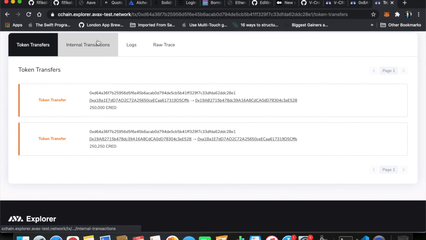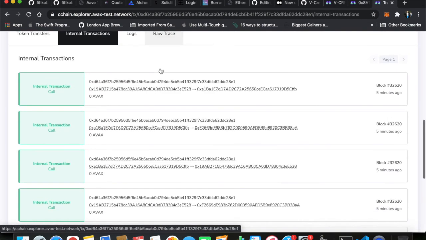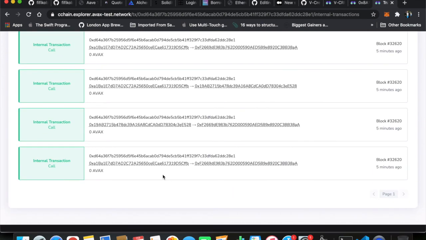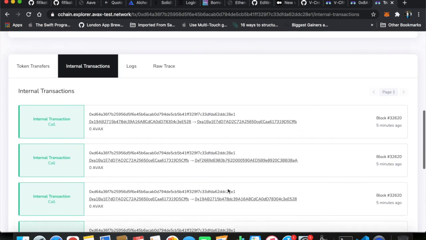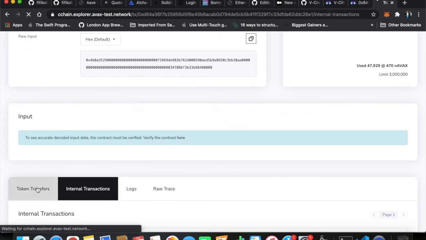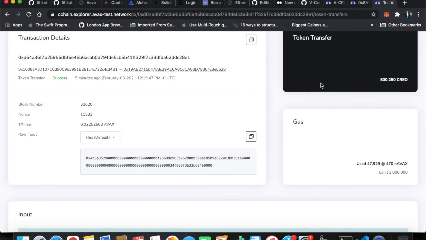If you look at the internal transactions, they reveal a deeper picture, as in the amount which is approved, and how this was communicated from one contract to another, and then back finally as 250,000 and 250 Cred. So this demonstrates the first successful use case of a flash loan on the Avalanche blockchain. Thank you.